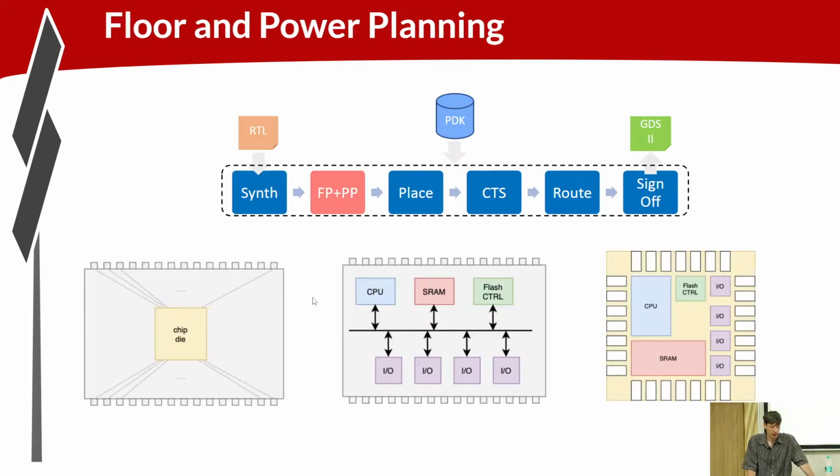Then floor planning and power planning. Here you're defining your ins and outs, where they go, the overall placement of things on the silicon physically. So my CPU logic is going to land here, my SRAM is going to be here, and what all the interconnect is between these.